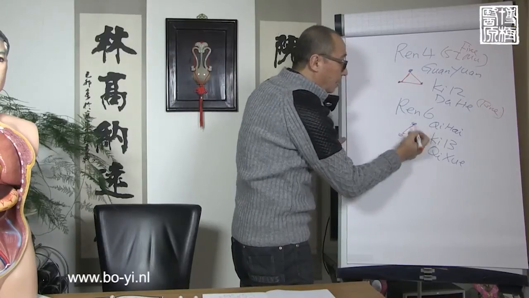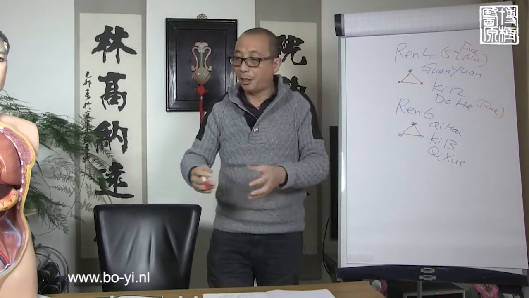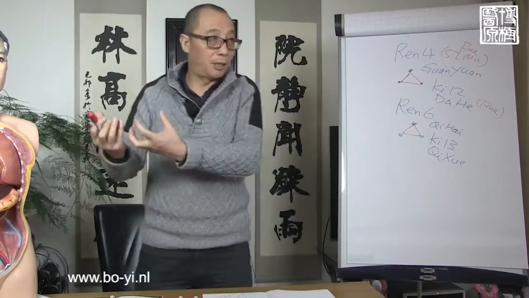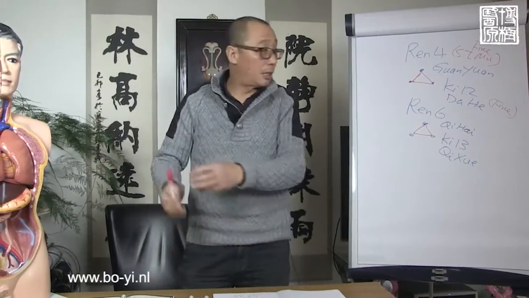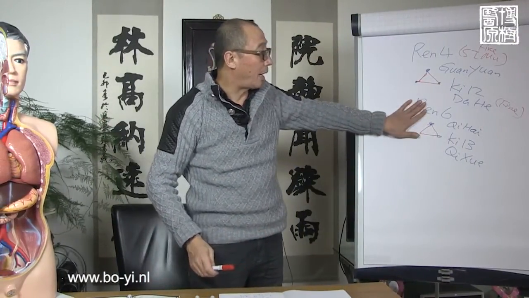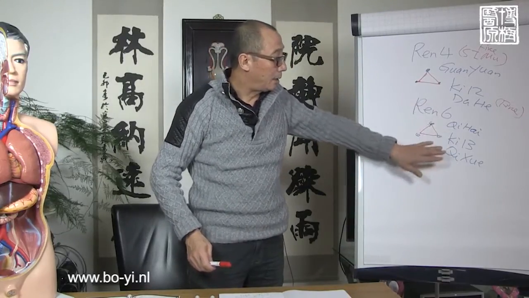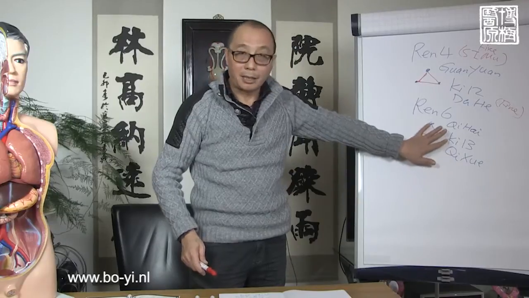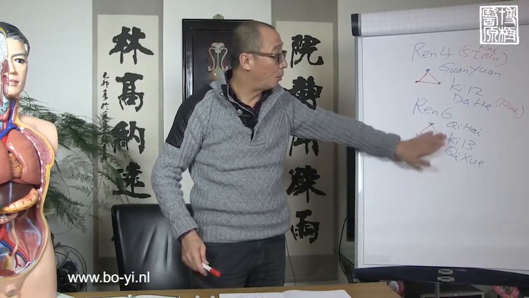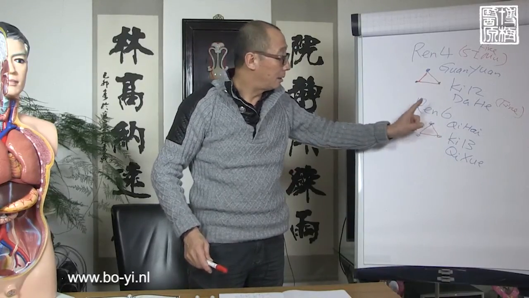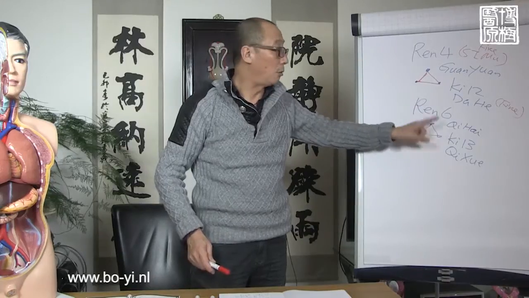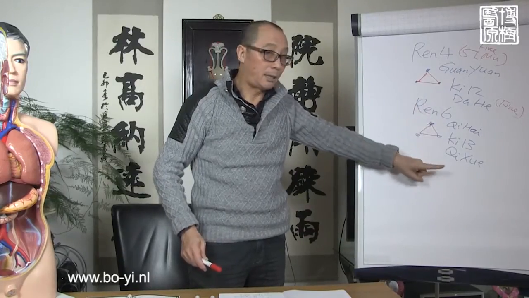These 3 points together help Chongmai raise the qi and tonify the qi. Therefore, if you tonify the kidney yuan qi, you use Jing-mai 6 and kidney 13. That's related not only to kidney and Jing-mai, but also to Chongmai, Jing-mai, and kidney.